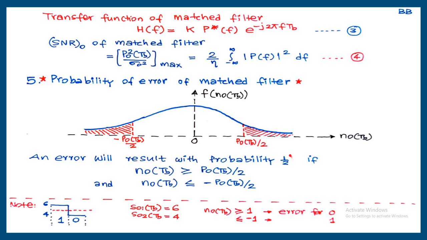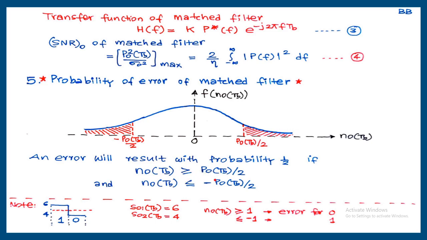It's an important result here, probability half, if the noise is greater than or equal to, according to our definition, S01(Tb) minus S02(Tb), which is the same as P0(Tb). So P0(Tb)/2, or if the noise is less than or equal to minus P0(Tb)/2. In this case error can occur with a half probability.